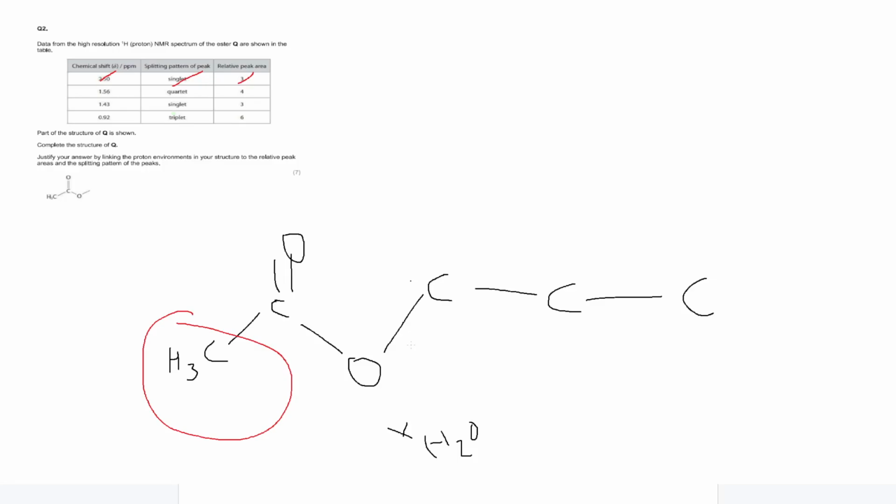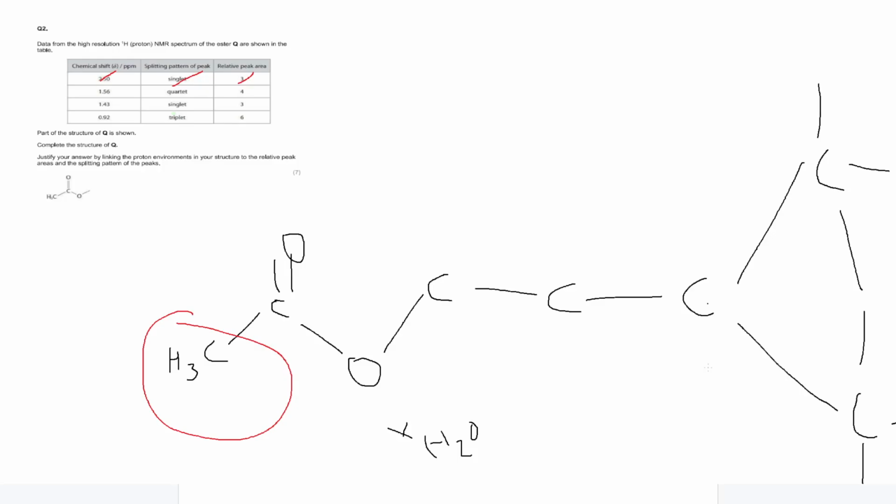I'm wondering, is it possible that it's something like, okay, this is a bit of a long shot here, but I haven't figured out fully whether this works. This would have a relative peak area of 6 if this was an environment. Now it's attached to a triplet, which means this would have to have 2 hydrogens on it, which is not possible.